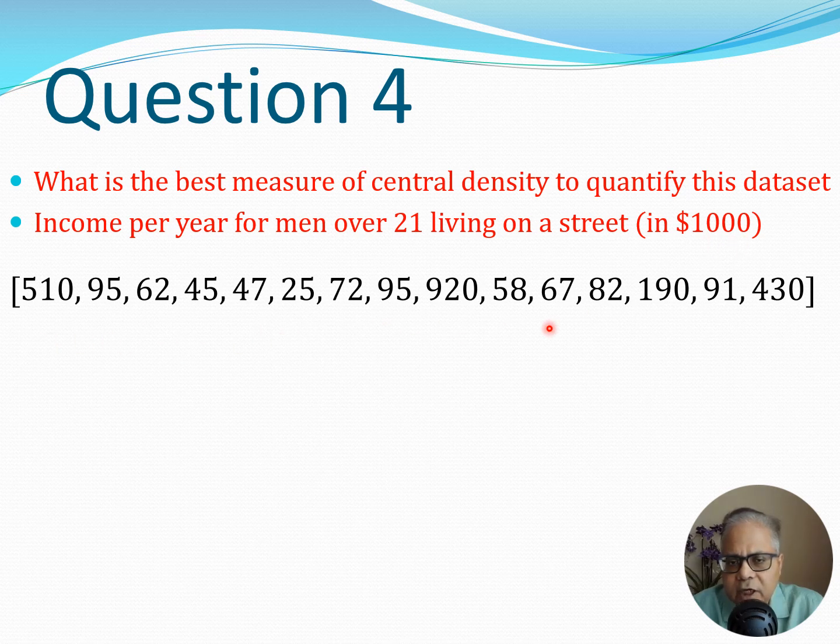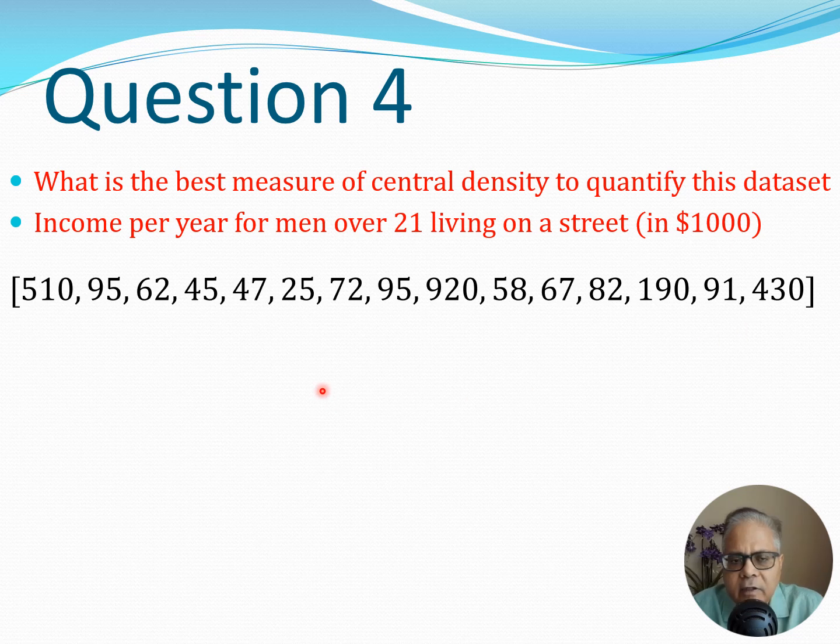And you will see that income, in this case there are 15 individuals here, is very spread out. What often happens with income is that many of the people may have similar income, but some of the people have very high or low income. So in this particular data set, we see some large numbers like 920, 510, 430, but we also see some small numbers.